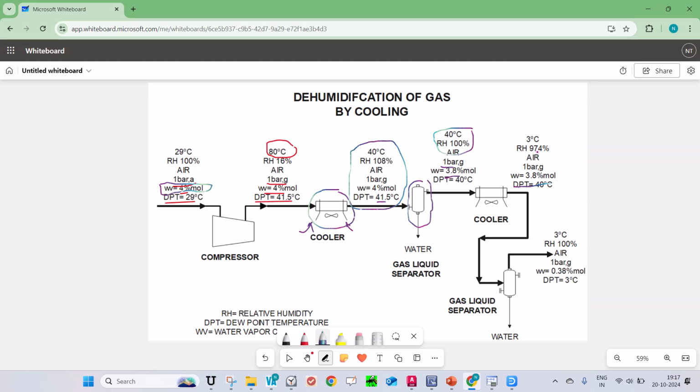Anything above 100% relative humidity means there will be free liquid coming.